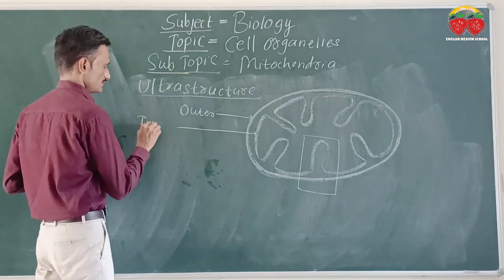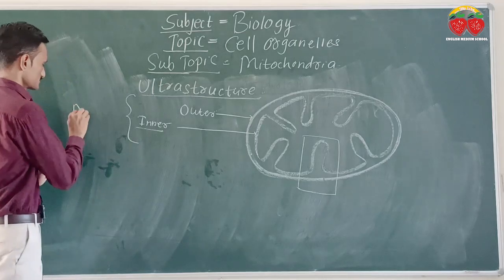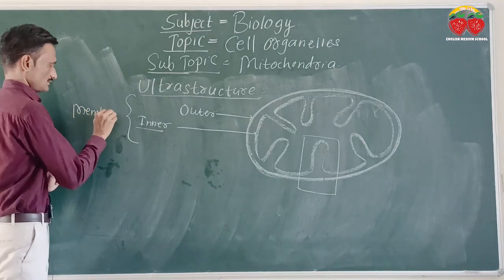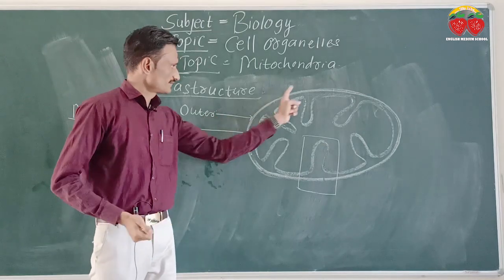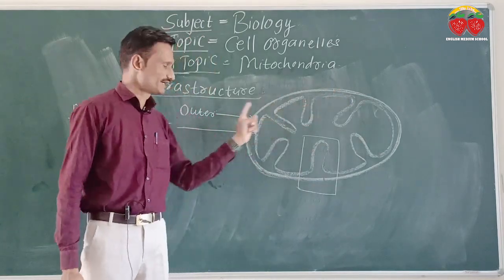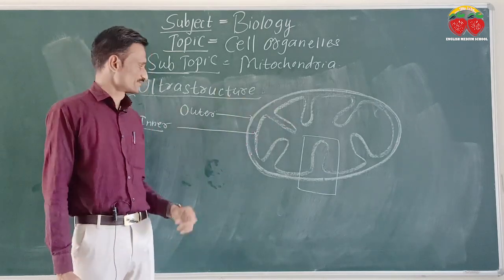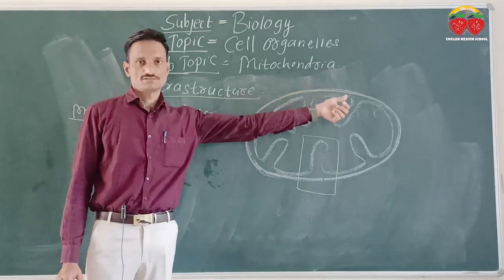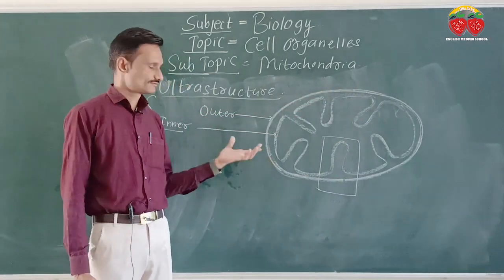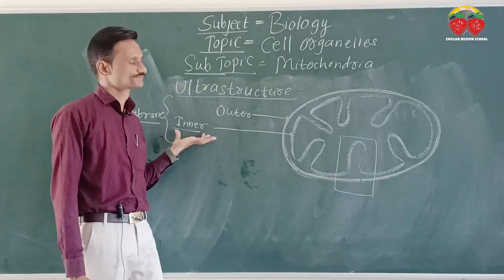As you see, the outer membrane is continuous while the inner membrane is folded. This is the first difference. The second difference is that the outer membrane is highly permeable to metabolites while the inner membrane is selectively permeable.